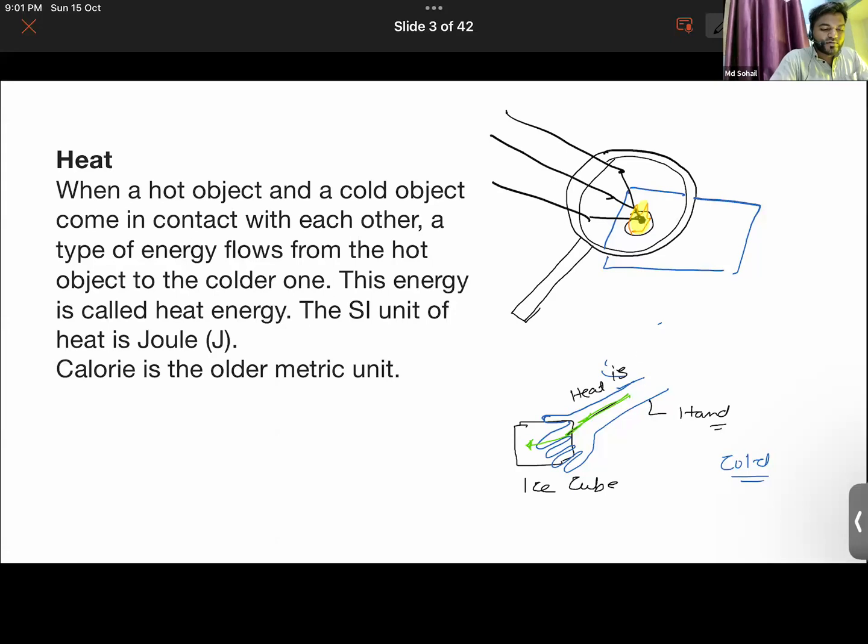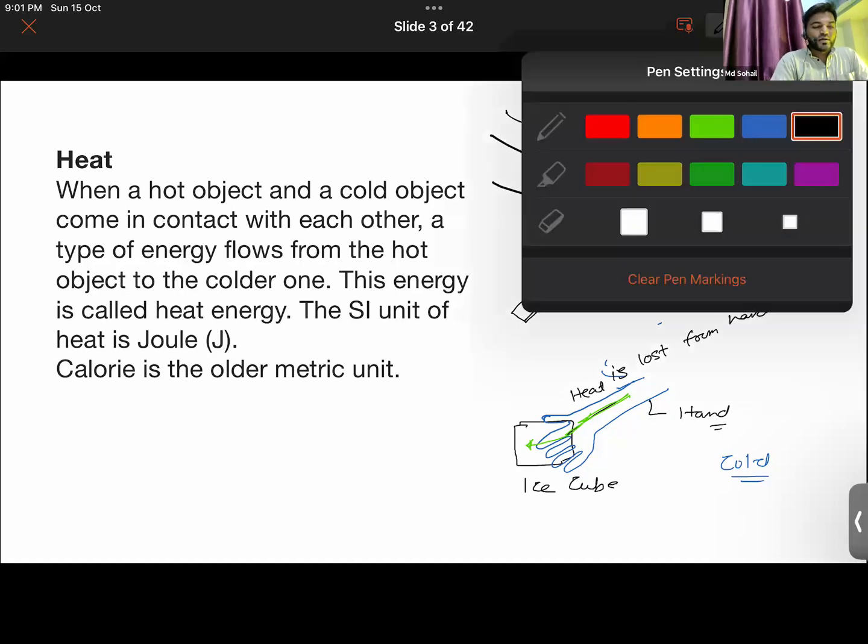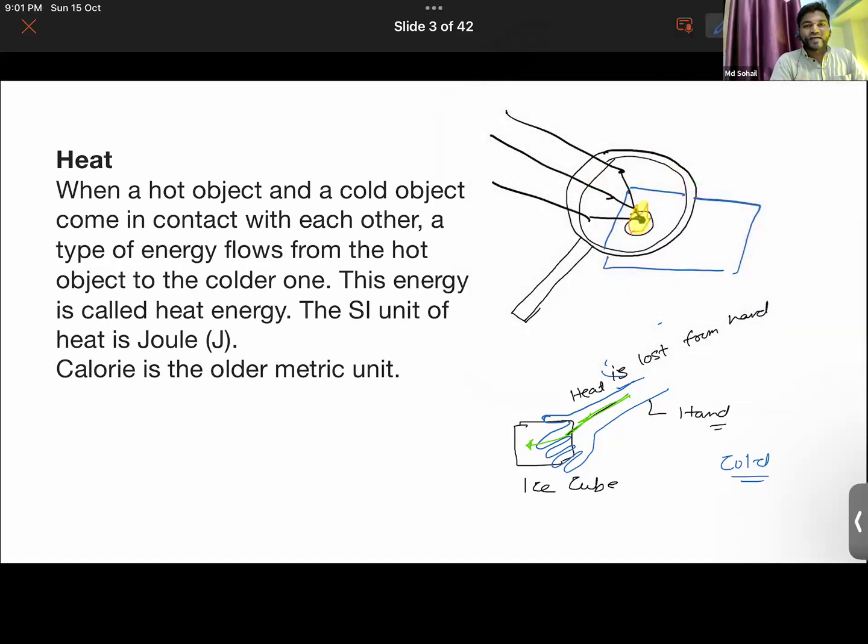And as we know, heat travels from a hotter body to a colder body.